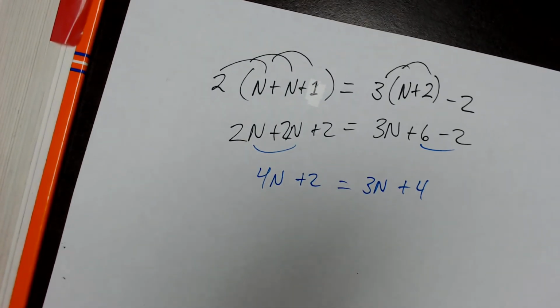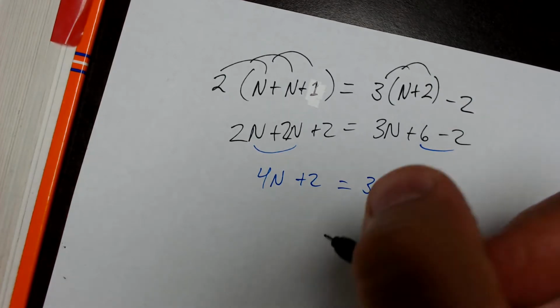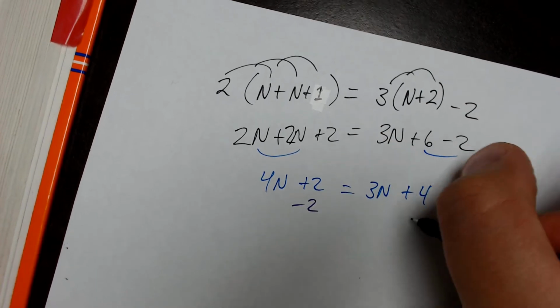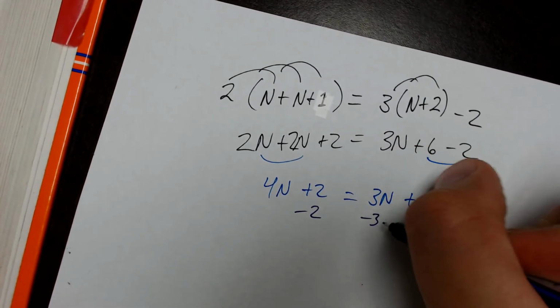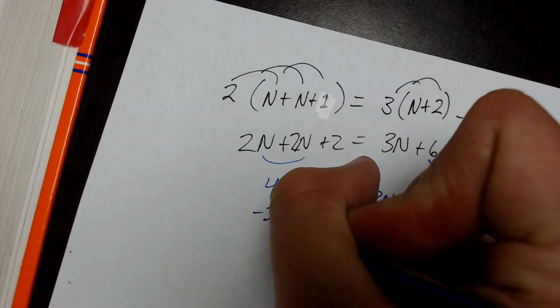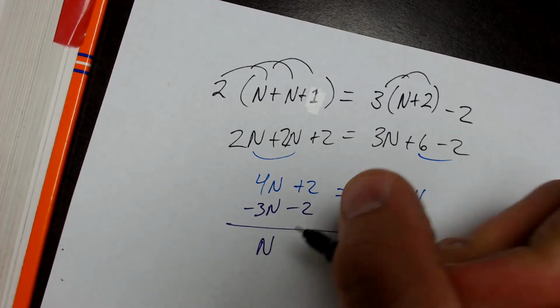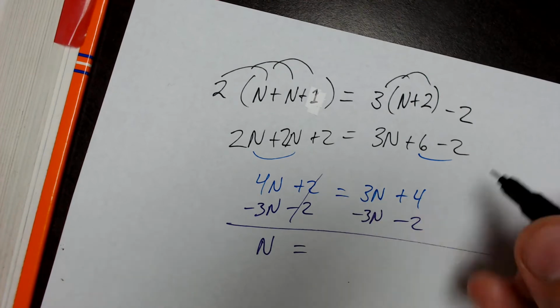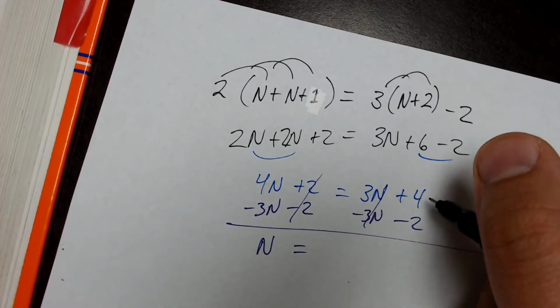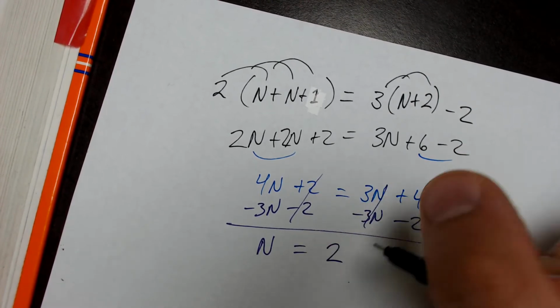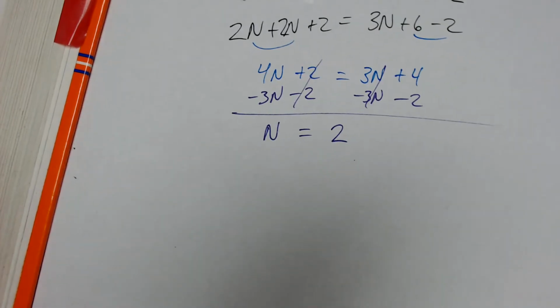And then I'm going to go ahead and start moving all my n's to one side. So we'll subtract 2 from each side, and then we'll subtract 3n from each side. So when I do this, that gives me 4n minus 3n is n. These cancel, and then 3n minus 3n cancels, and then 4 minus 2 is 2. So now I know that n equals 2.